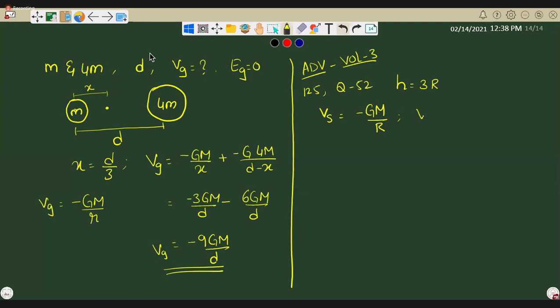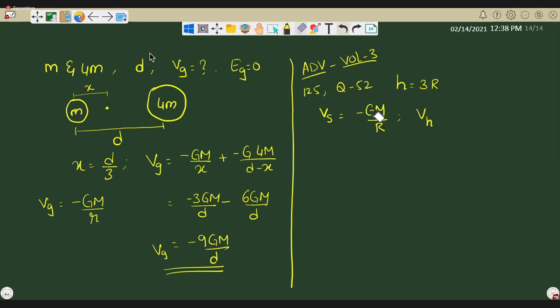Correct? If it is at a height h, then GM by R plus h. So is it 3GMm by 4R?